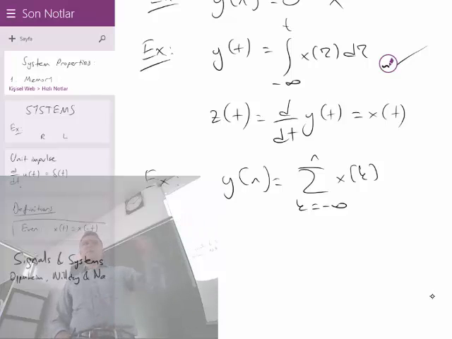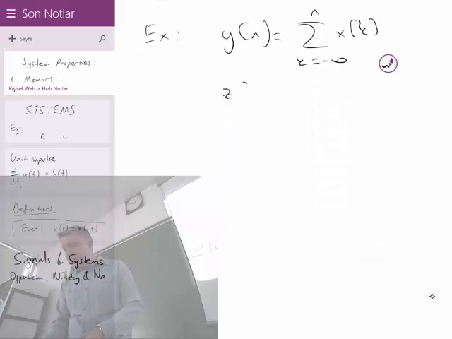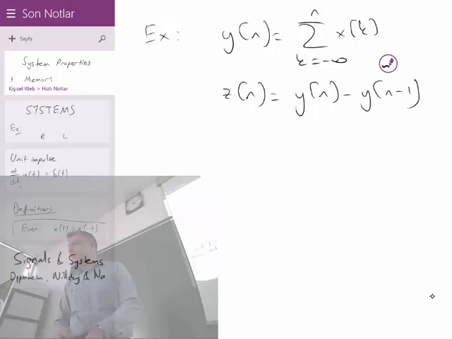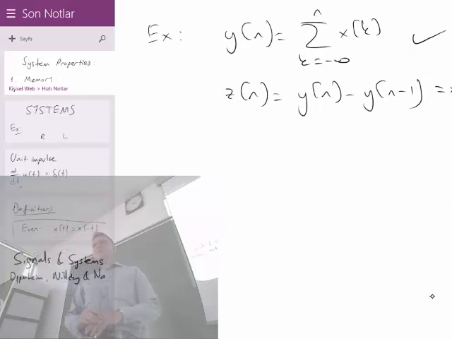You accumulate the values of x of k from minus infinity to the current time instant n, and the way to extract the original information, the inverse system, is this: z of n is equal to y of n minus y of n minus 1. This is the inverse system, and it will give you x of n. So this is invertible. As you see, invertibility is a little bit tricky.